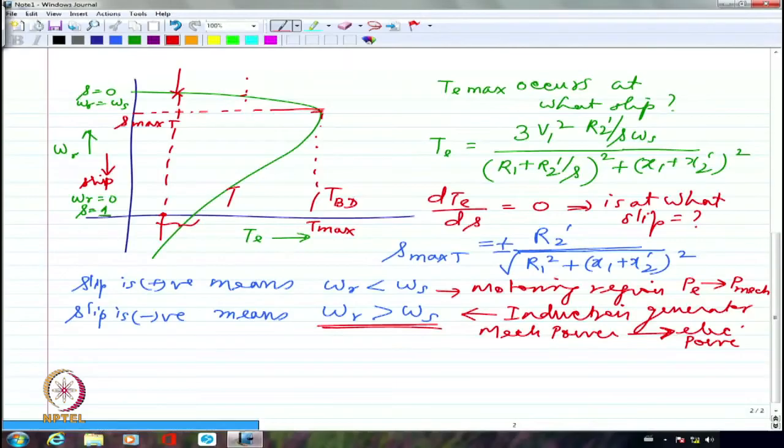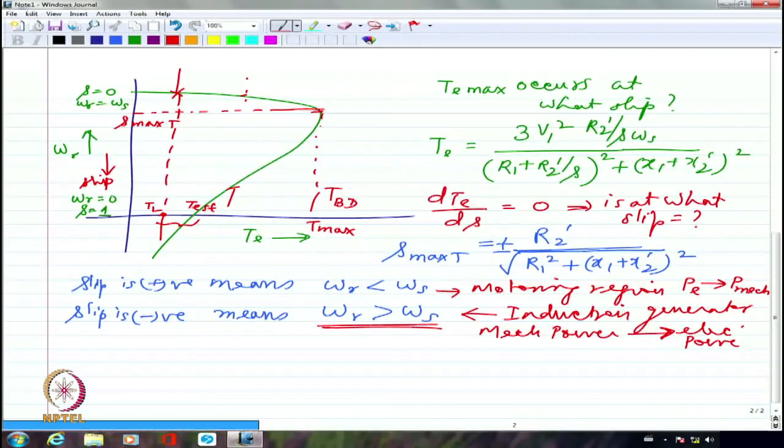I will have acceleration possible only if my starting torque, which is TE starting, is greater than TL. TL is a particular value of load torque, which is a constant torque load. So unless I have some amount of excess available, the machine is not going to accelerate.